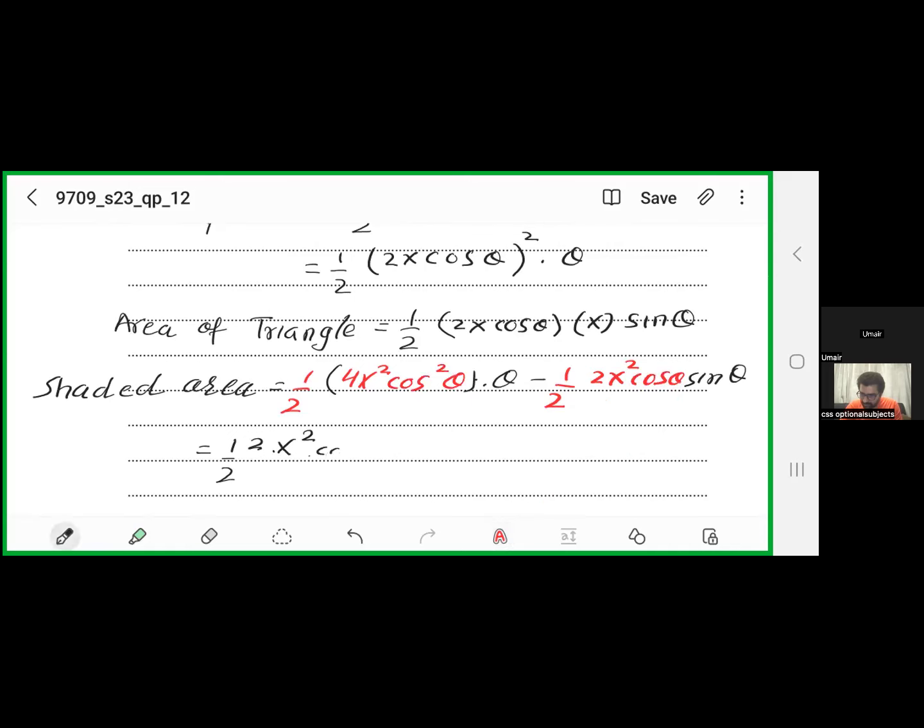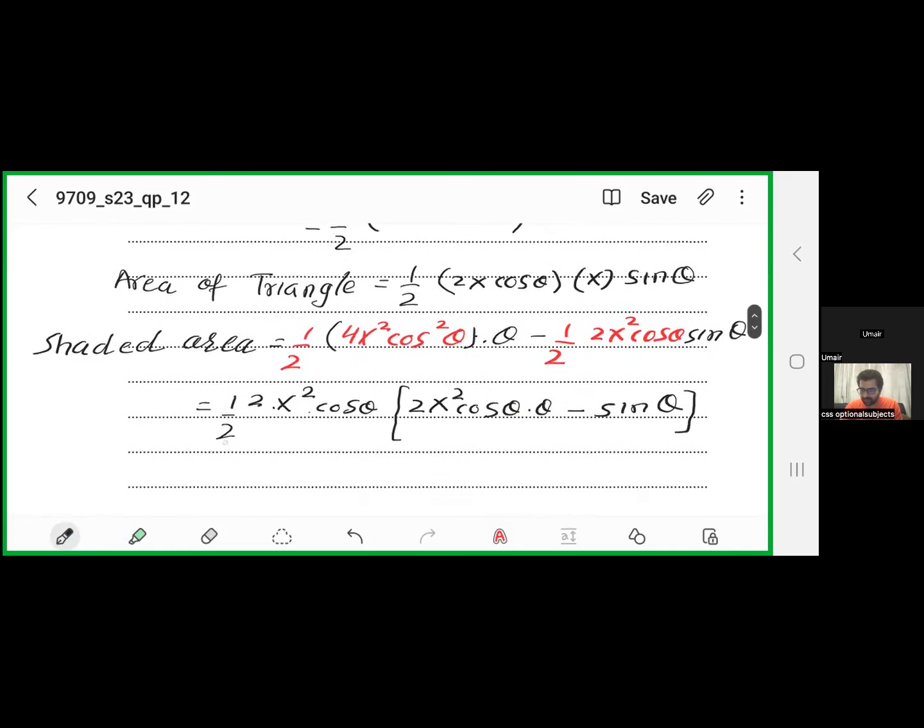The rest will be written inside. Here you will be left with 2x square cos theta dot theta minus sin theta. You can cancel this one, so this is your answer: x square cos theta times 2 cos theta theta minus sin theta.